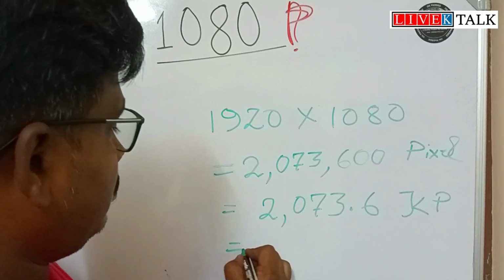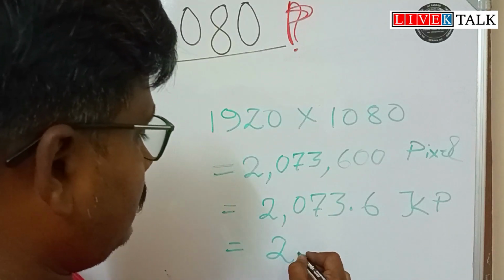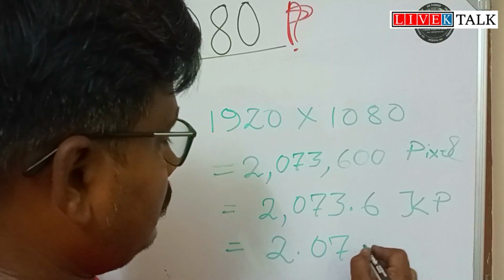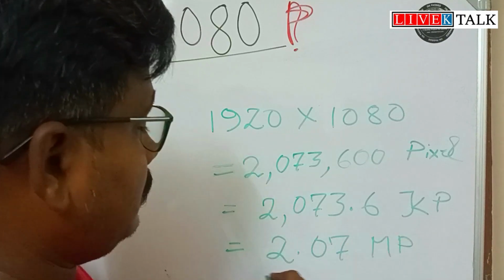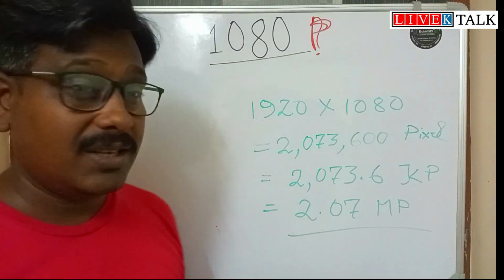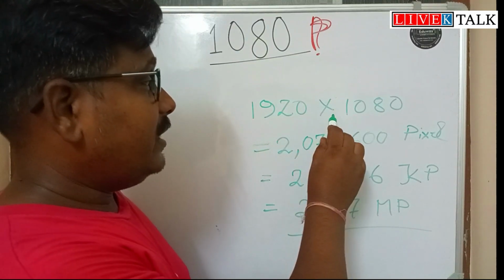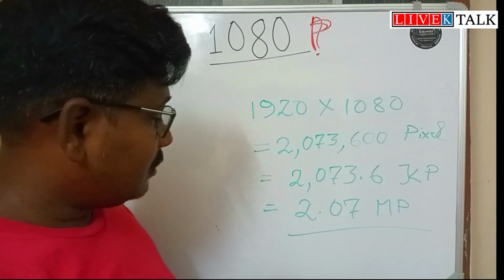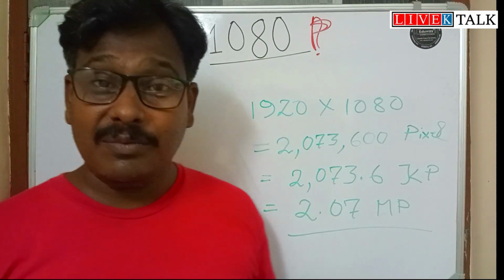So you can say the resolution of a full HD video signal is 1920 cross 1080 or 2.07 megapixels.